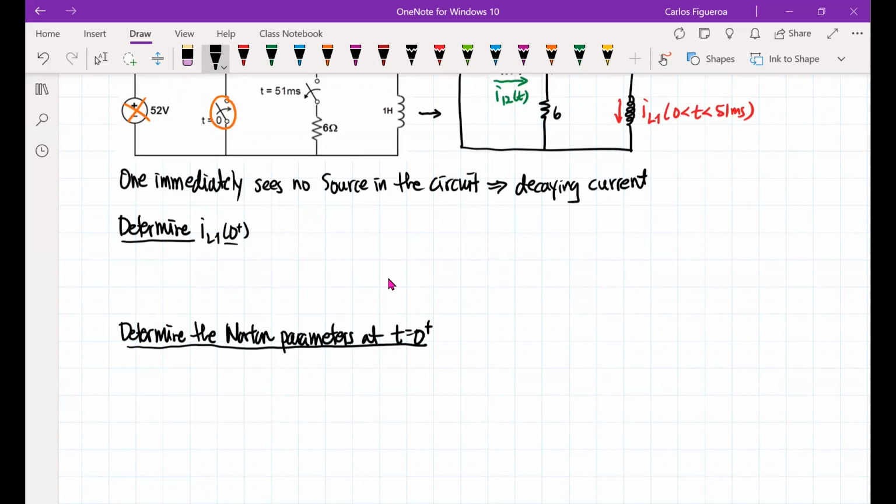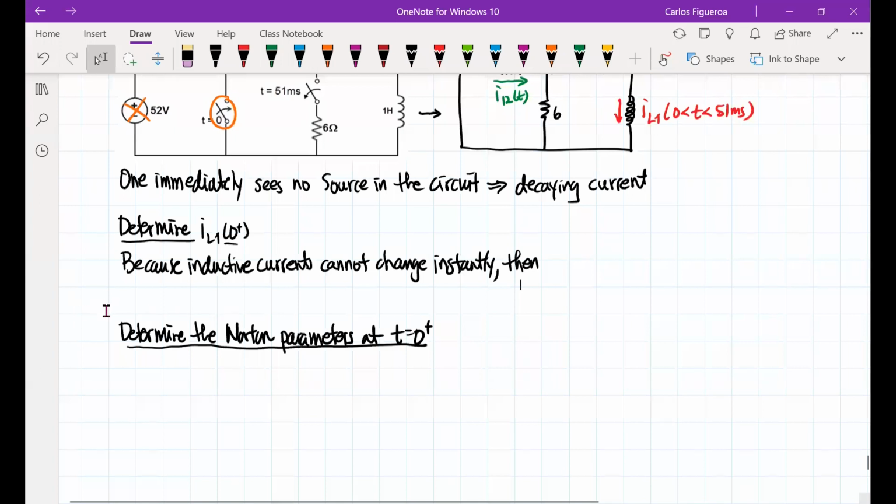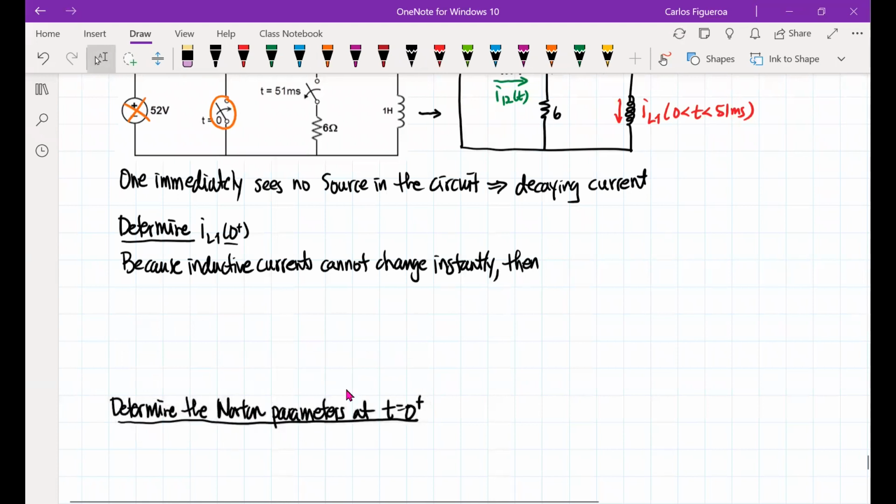So what we see here is that, because inductive currents cannot change instantaneously, then IL of 0 at 0 minus must be IL1 at 0 plus, but we already computed that, and that is 2 amps.